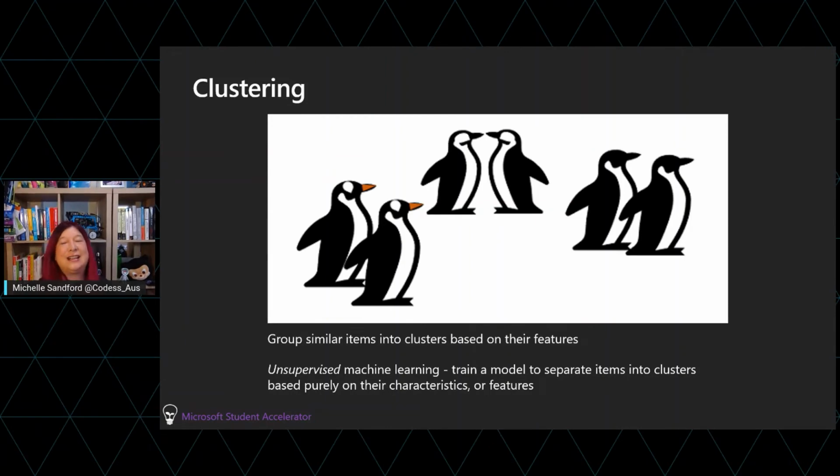So clustering is an example of unsupervised machine learning, in which you train a model to separate items into clusters based purely on their characteristics or features. Grouping together online shoppers with similar traits for targeted marketing, or grouping documents with similar topics or sentiment. Clustering analysis analyzes data to find similarities in data points and groups them together using unlabeled data, and can explore unexpected correlations.